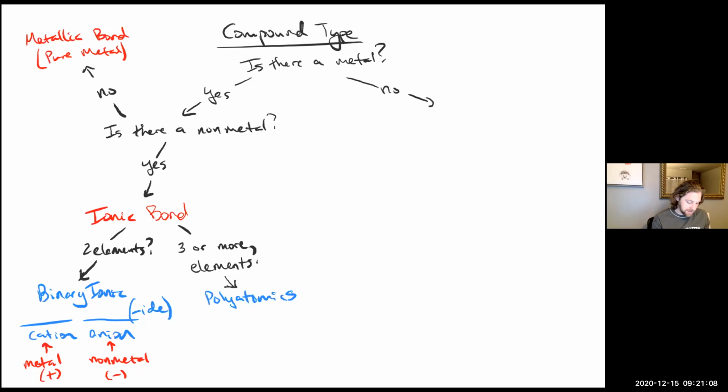So it's still the cation plus anion, but instead you're going to use the name given on the common ion list. And you're not going to have an IDE ending.